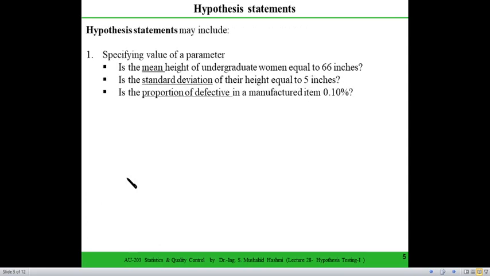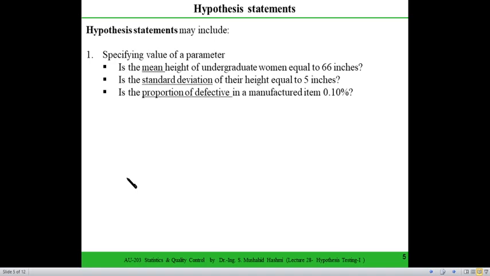Okay, so you're dealing with two types of statements. One is the null hypothesis, which is about a parameter, and the other, contradictory claim is anything other than the null hypothesis. In most cases in statistics, your hypothesis statement, whether null or alternative, will specify the value of a parameter.